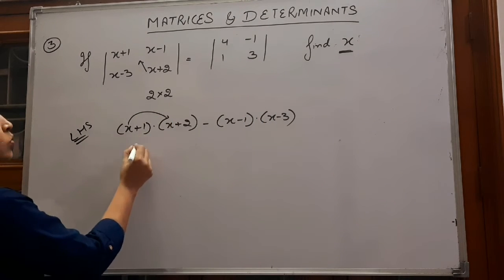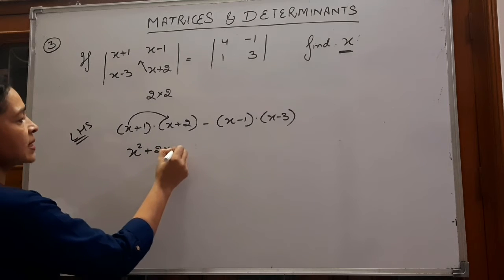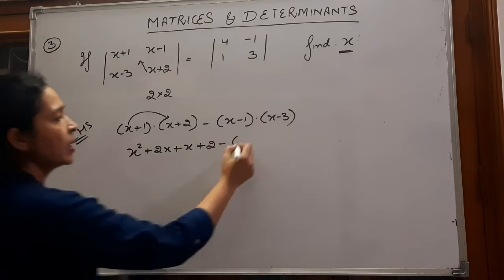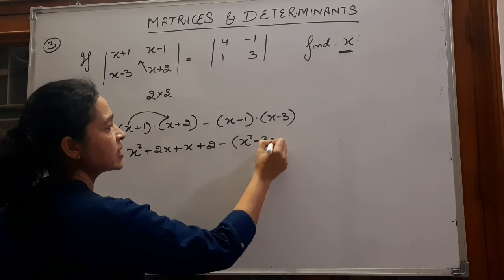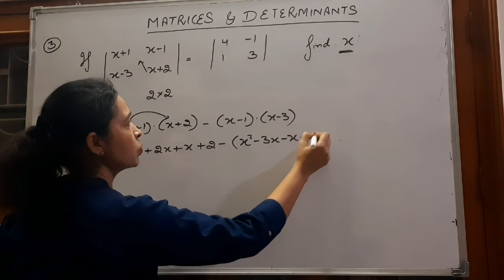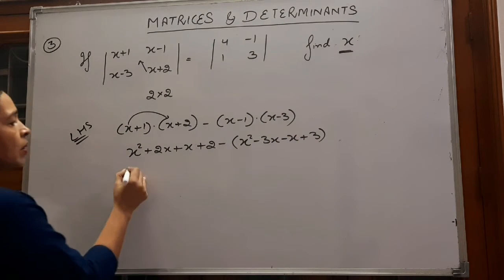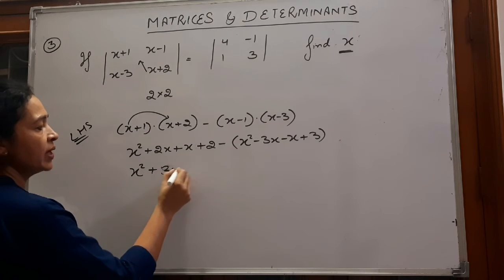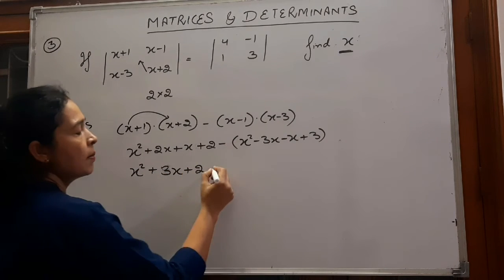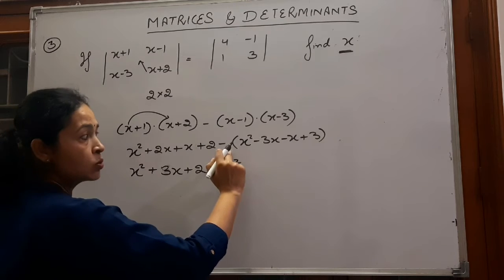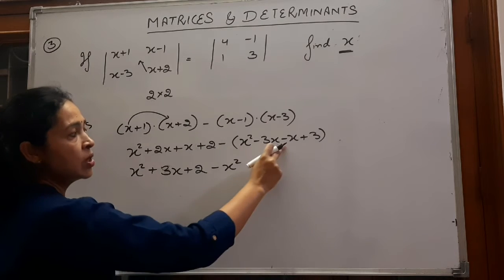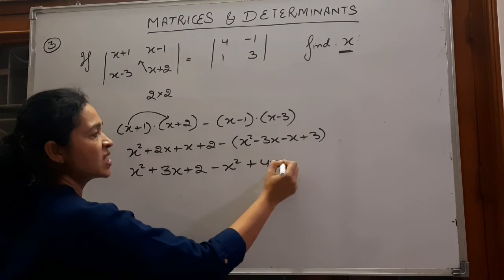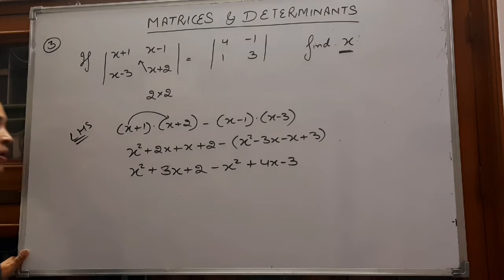That is x square plus 2x plus x plus 2 minus x square minus 3x minus x plus 3. x square plus 2x plus x, we have 3x plus 2 minus x square, minus 4x. Minus sign outside, the sign inside will change, we will get plus 4x and minus 3.